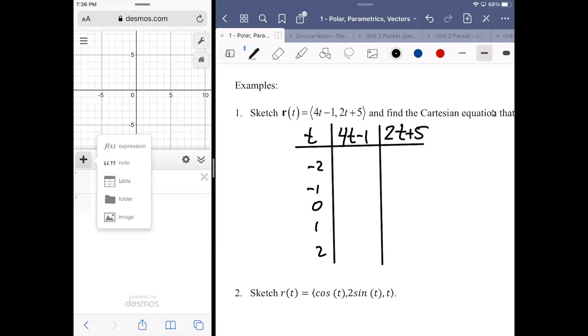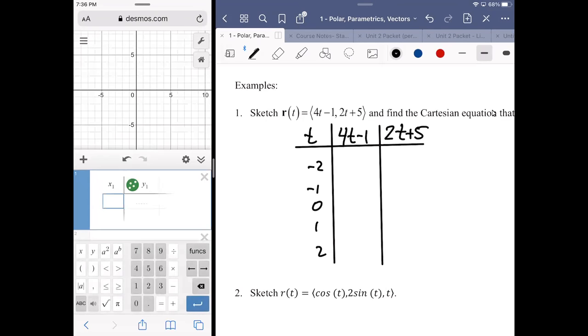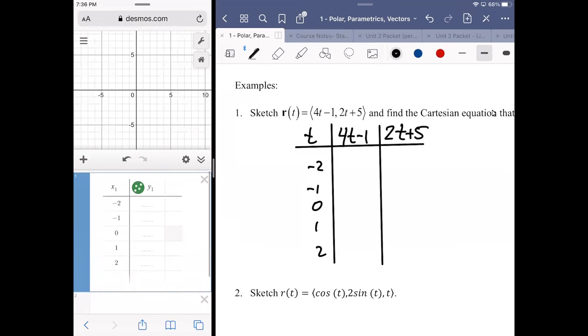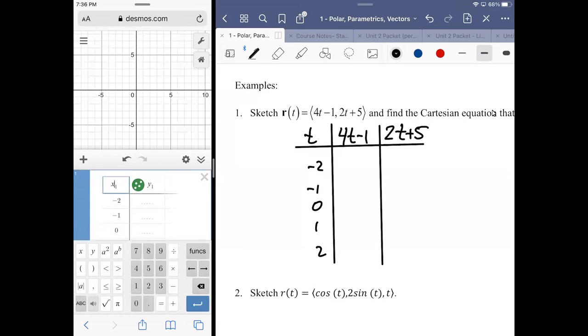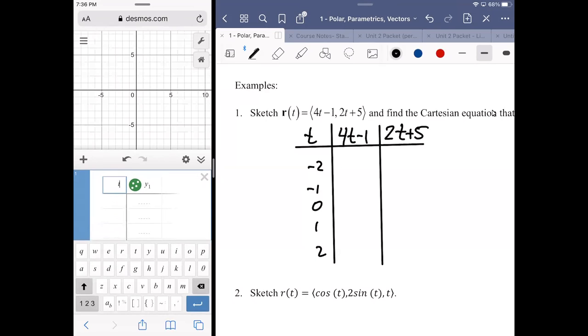If I use the table function, I can type in -2, -1, 0, 1, and 2. You see, it recognizes that I'm doing it in a particular order. I can also change this to whatever I want. I'm going to change it to a t.